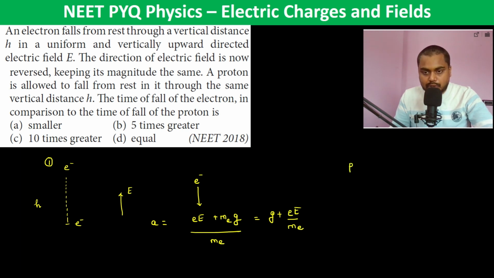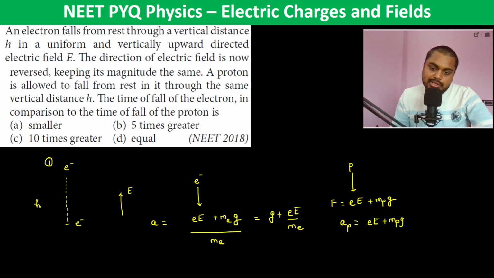Now when the proton is there, the proton also experiences the same magnitude of charge, so eE plus mass of proton into gravity. This is the force on the proton. So the acceleration of the proton will be eE plus m_p g divided by mass of proton. So this is g plus eE divided by mass of proton.